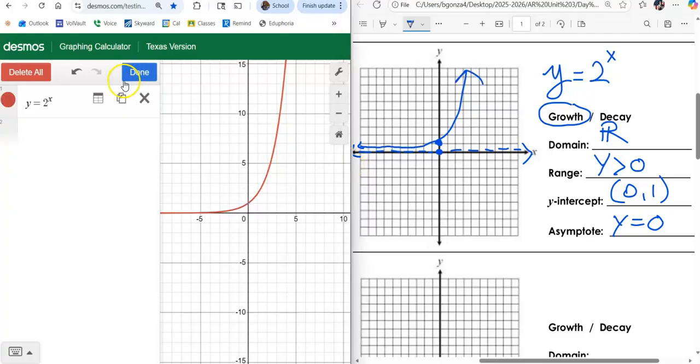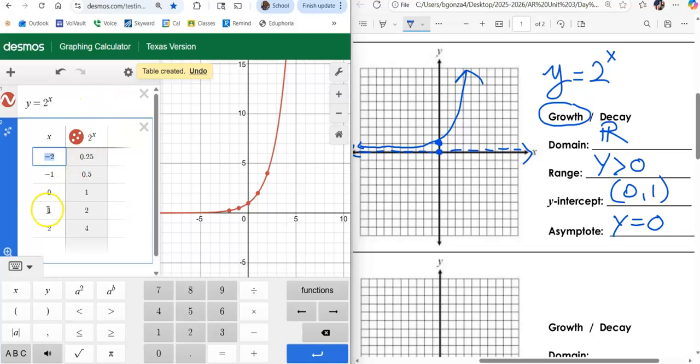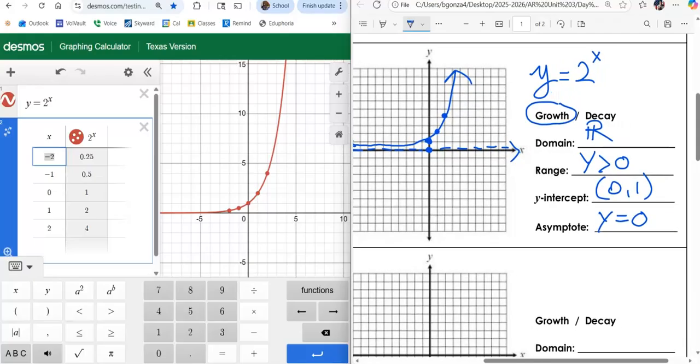Now, if you wanted to hit the gear and hit the table, you could plot some actual legit points: 0, 1, 1, 2, 2, 4. When I hit the gear, the points I have are 0, 1, 1, 2, 2, 4.